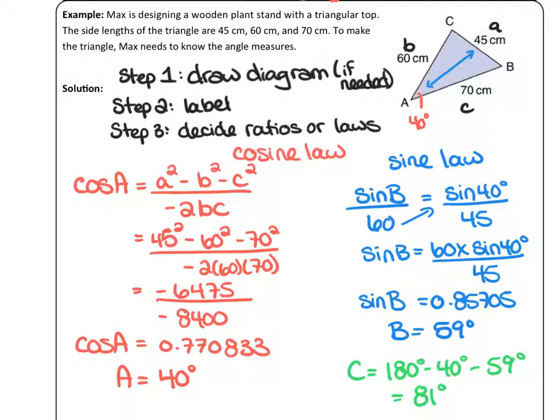You can have examples where you need to use different laws, and it's not like once I found the first angle, I could have used the cosine law to find the second angle. I actually really like the sine law, so I use the sine law to do it. It's really up to you. And then that third angle, don't forget about that property, because you could use the cosine law or the sine law again. I just used that property because it's a lot faster than all the calculations.